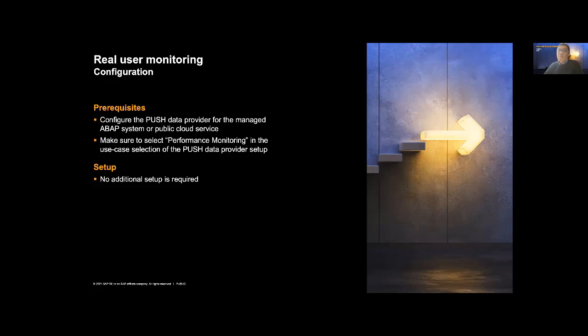And in the push data provider setup, you also need to select performance monitoring in the use case. No further additional setup is required here. No additional data injection via plugin or any other agent on the front end device is necessary. I think you may have also learned from the setup session yesterday. Today I will focus mainly on the functionalities, not the setup.